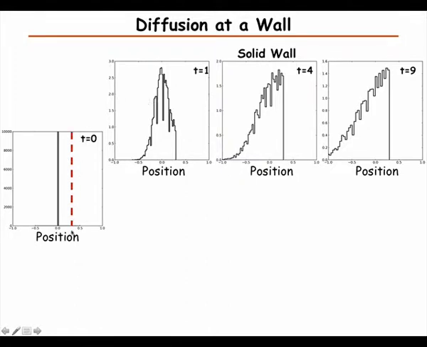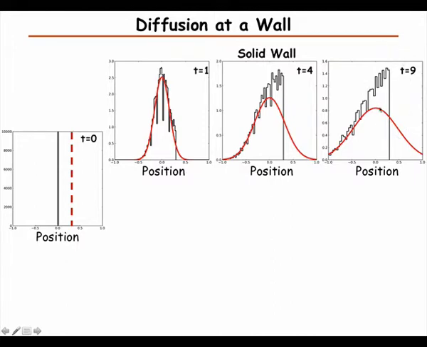So right here we have a wall that's not transparent. If we redo this simulation, we see that particles can't go through the wall, and we get a deviation from the free diffusion. And we get quite a build-up right at the wall, and so on.